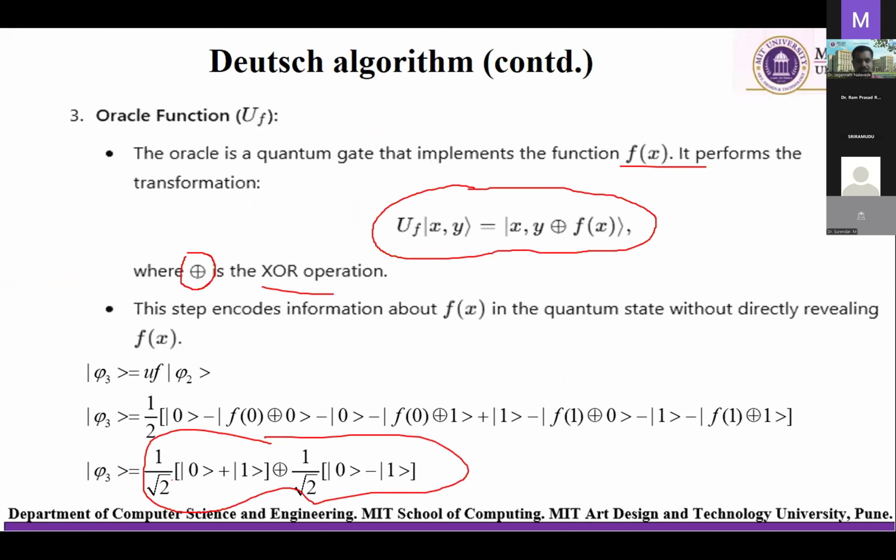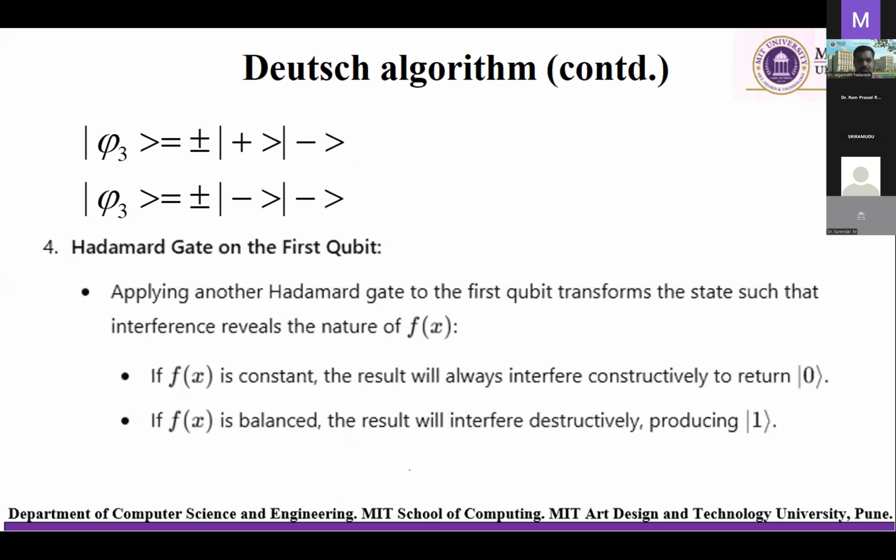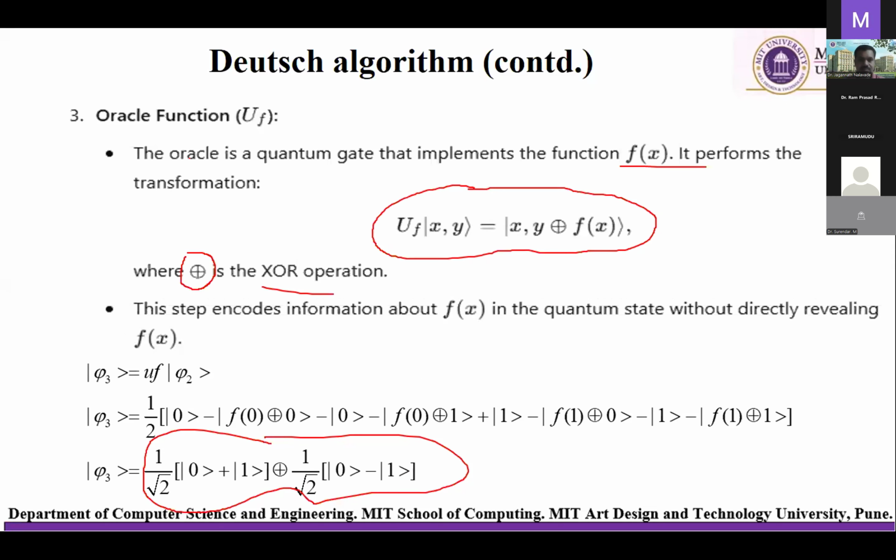So 1 by square root of 2 in square brackets, ket 0 plus ket 1, XOR 1 by square root of 2, ket 0 minus ket 1. This will be the output at the ket psi 3. If we consider this particular output, here it is related to the plus and here it is related to the minus.